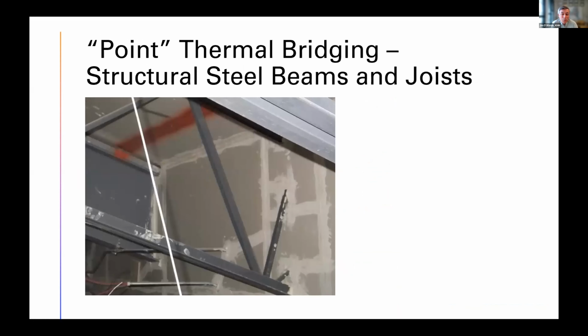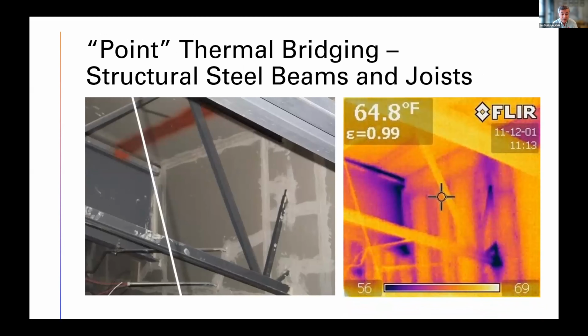Okay, and then there's point thermal bridging, which in terms of heat loss overall for the building is not such a big deal, but still, it provides an opportunity for Mr. Cold to come in and provide a condensation point, either inside the building, so you see surface damage, or maybe even worse, inside the wall, where you don't see the problem until there's been some deterioration of the studs.